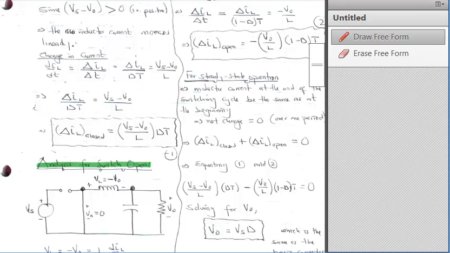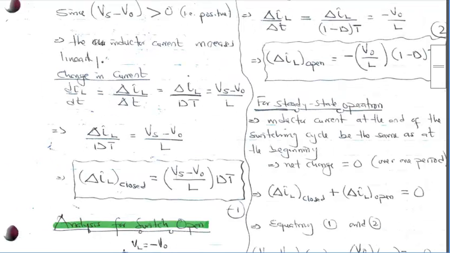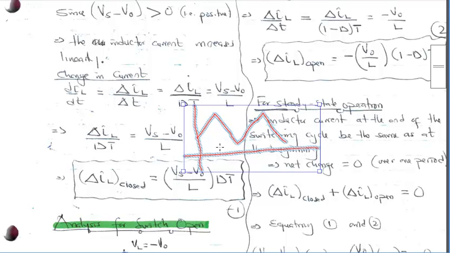To show this graphically, let's close this one up. So inductor current goes up, comes down, right? So this is the period when it's closed, the first period here. When the current goes up, that is the change in the inductor current we are looking at, change in IL.